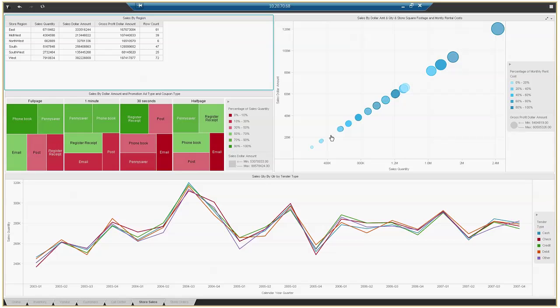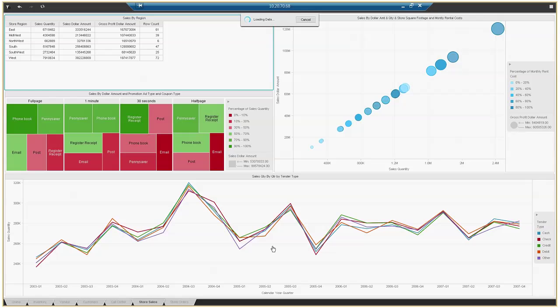On the upper right, again, is another scatter diagram showing me sales dollar amount, quantity by store, square footage, and monthly rental cost. And then we also have another tab for store orders as well.